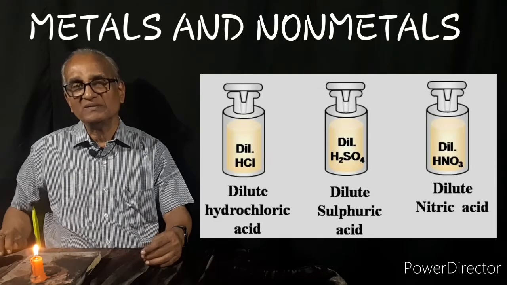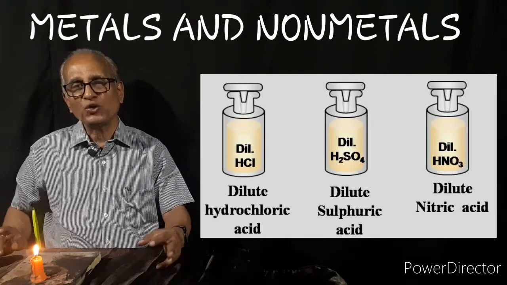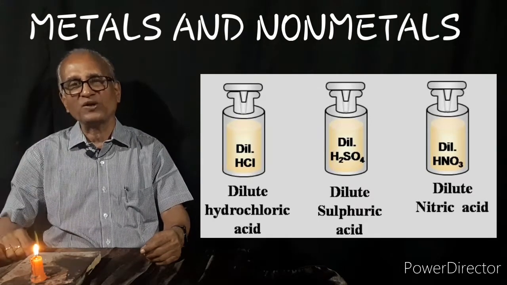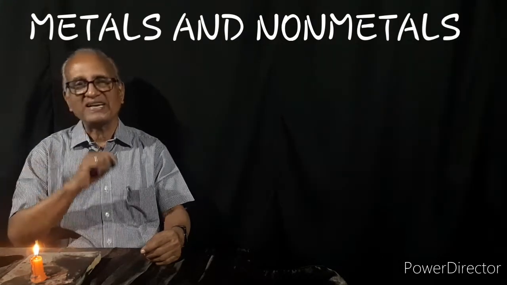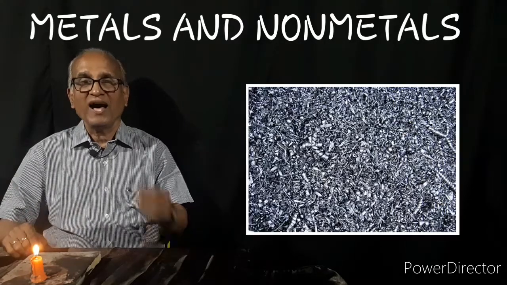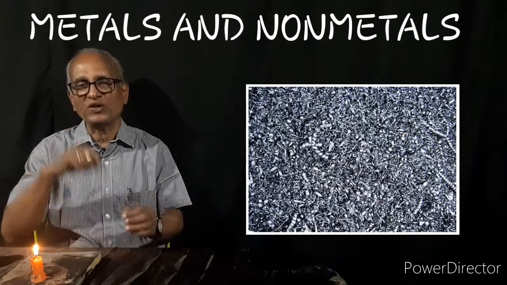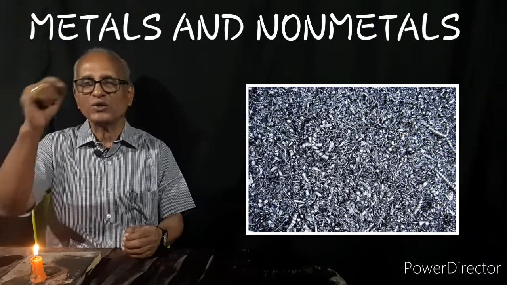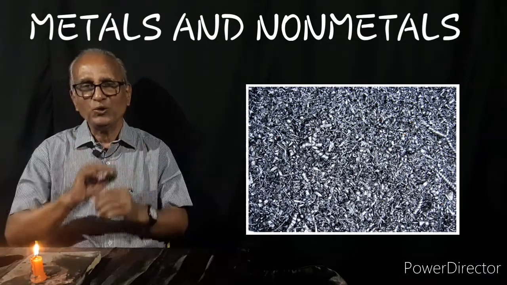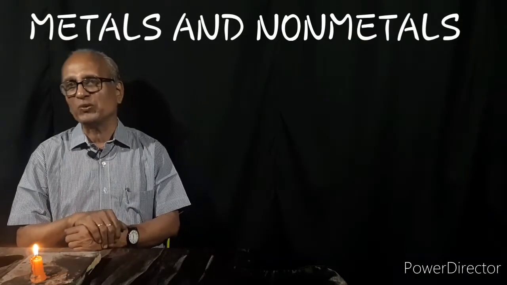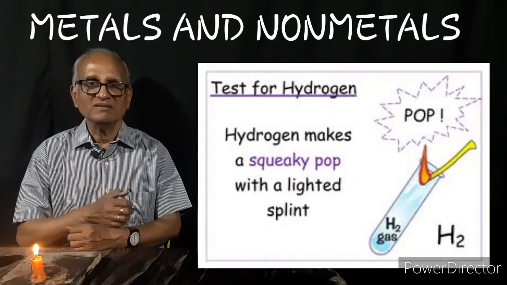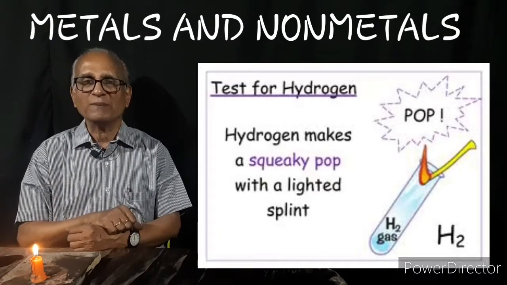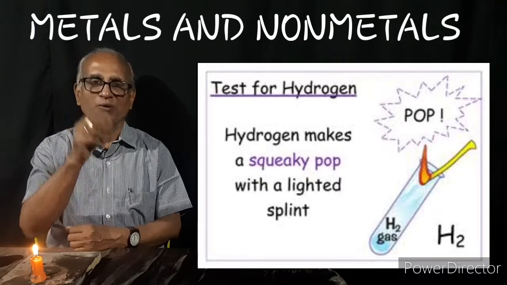Metals react with dilute hydrochloric acid and release the hydrogen thereon. Let's conduct an experiment where aluminium reacts with dilute hydrochloric acid and gives out hydrogen. You all know the test for hydrogen, I presume. Hydrogen produced in a test tube, when it's brought near a flame, it burns with a pop sound.